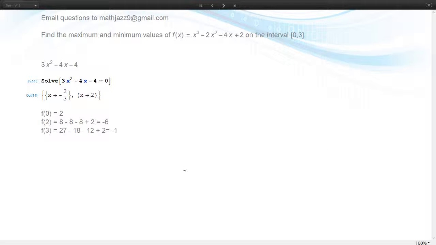Okay, so now that we have these values, we see that negative 6 is the smallest value, and 2 is the largest value.